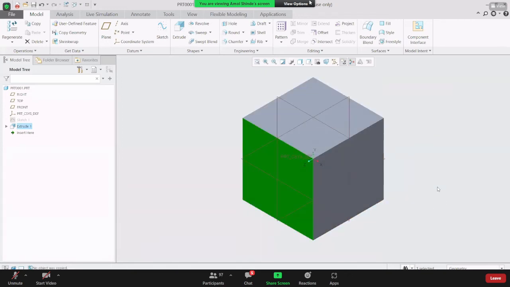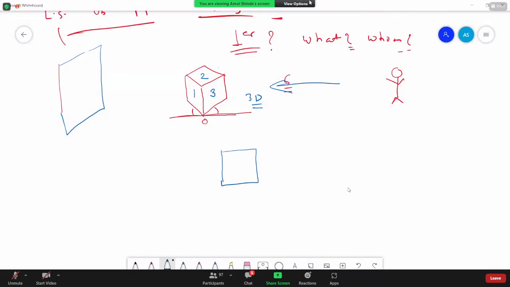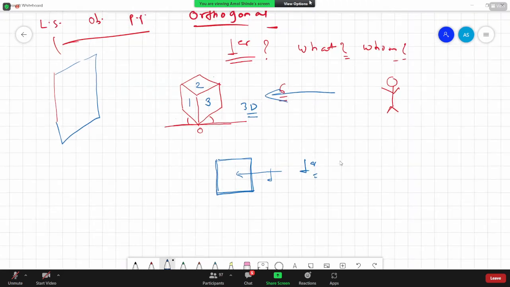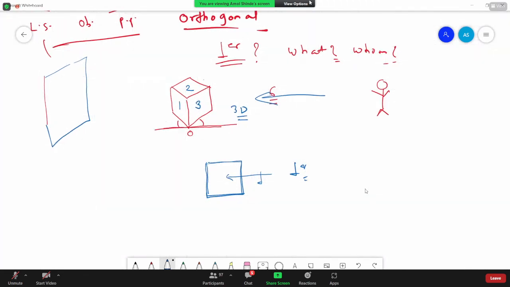When the eyesight is perpendicular to one of the surfaces, we can see only one surface. Perpendicular means orthographic. This particular projection is called orthographic projection.